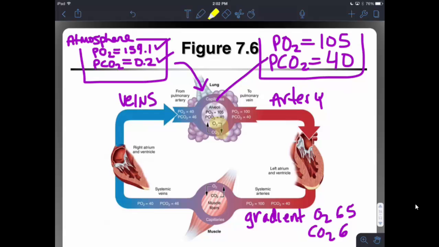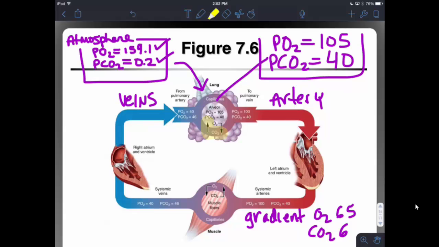That's why it's moving in that direction. At the same time, CO2 moves from the blood into the alveoli, so we can exhale it. So you should know that the PCO2 in the blood coming in from the veins that goes through the capillaries is going to be higher than the PCO2 in the alveoli.